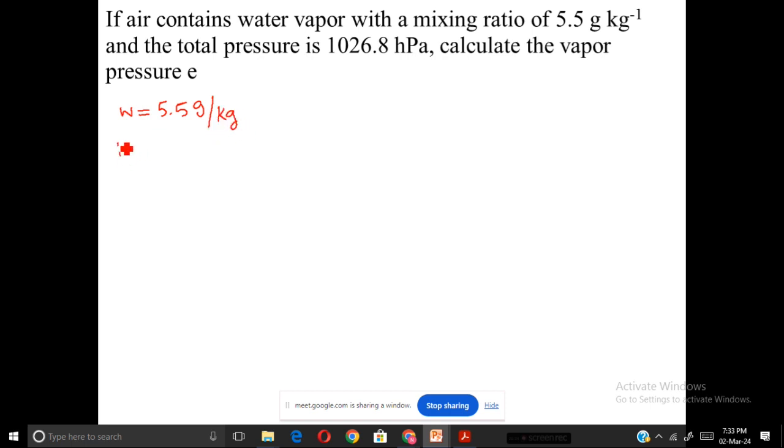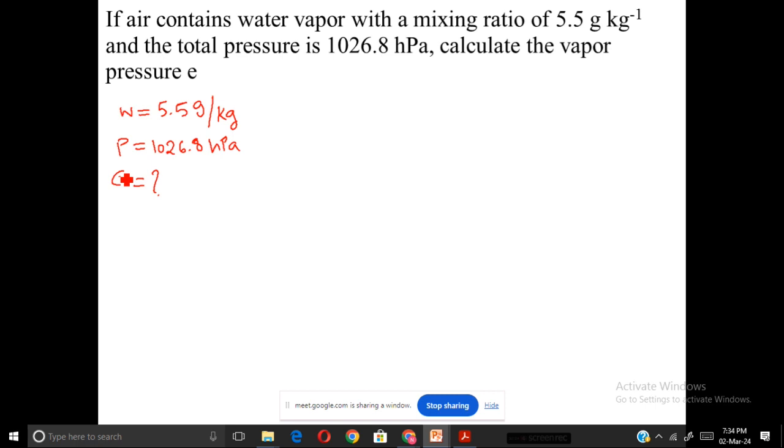And the total pressure P, which means the pressure exerted by water vapor plus the pressure exerted by dry air, is 1026.8 hectopascal. Calculate the vapor pressure. We know the total pressure, and we want to calculate the pressure exerted by water vapor. That's what we want to find.